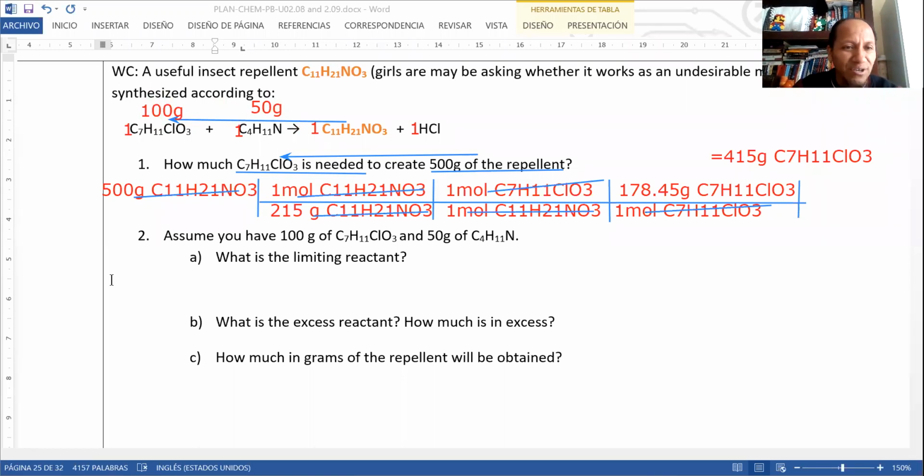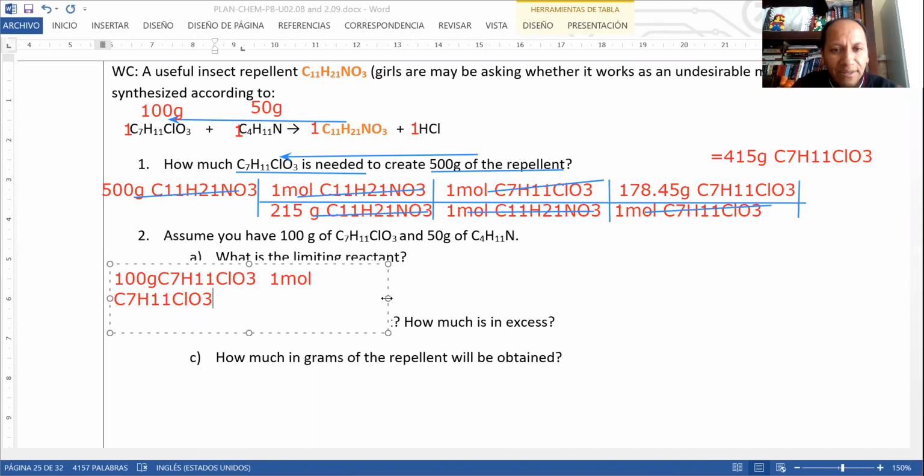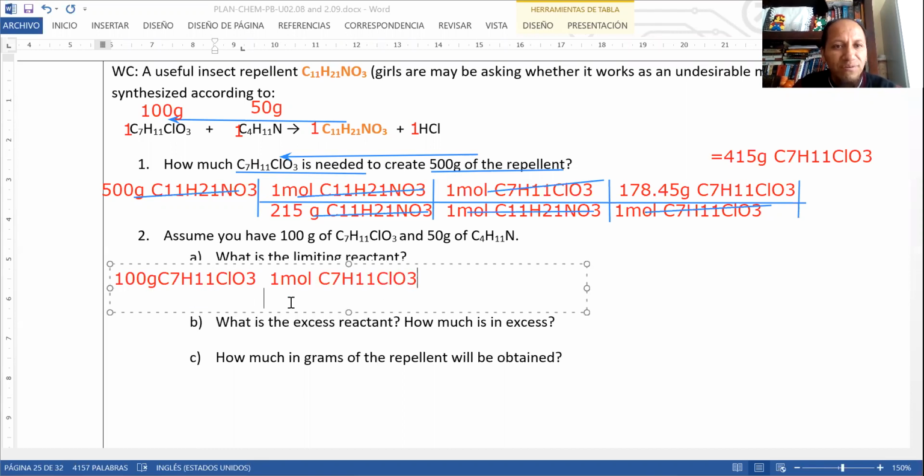Let's get to work. So you have 100 grams of C7H11ClO3, right? Let's pass that to moles in the first place. I know that 1 mole of C7H11ClO3, what is the mass in grams according to what we did before? The ones who were paying attention: 178.45 grams of C7H11ClO3.